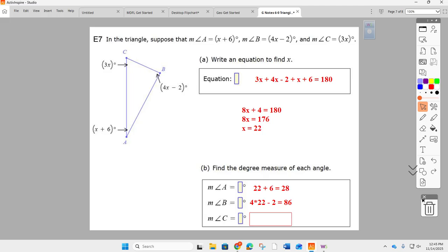And finally, the measure of angle C is 3 times x. So instead of x, we're going to have 3 times 22, and that equals 66. So you can double check that you have it correct by adding the 3 angles and confirming that you do have the correct answer.